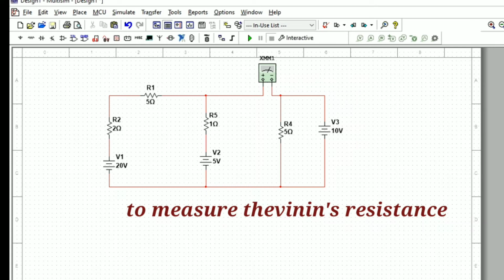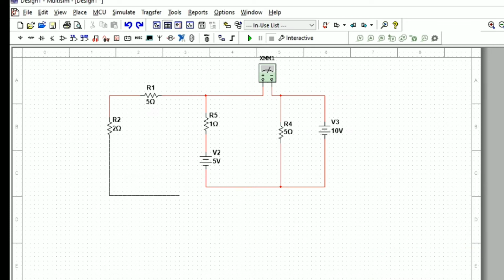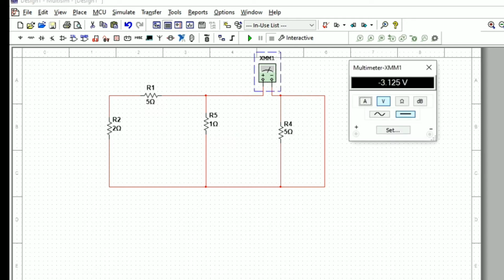To find the Thevenin's resistance, make all the voltage sources short circuit. After making all the voltage sources short circuit, we shall measure the equivalent resistance between the required terminals.